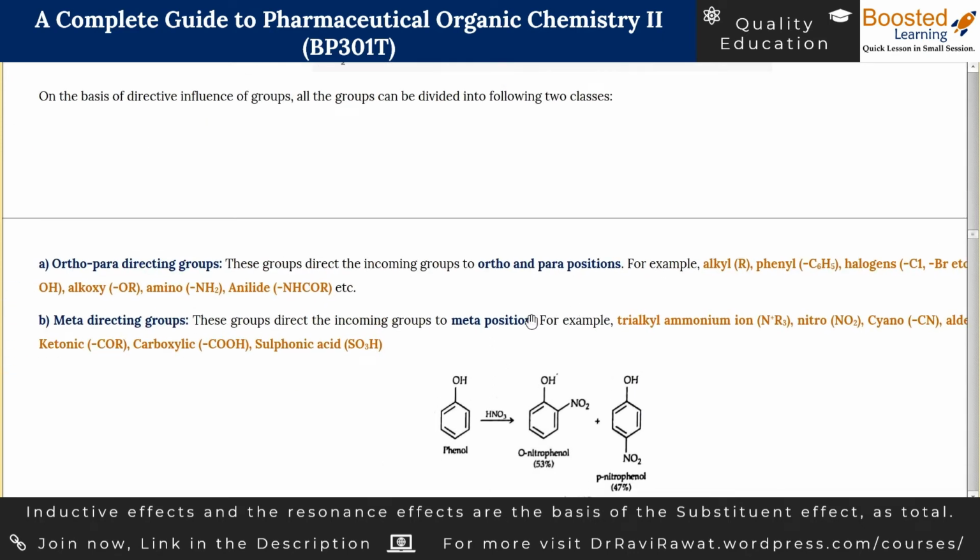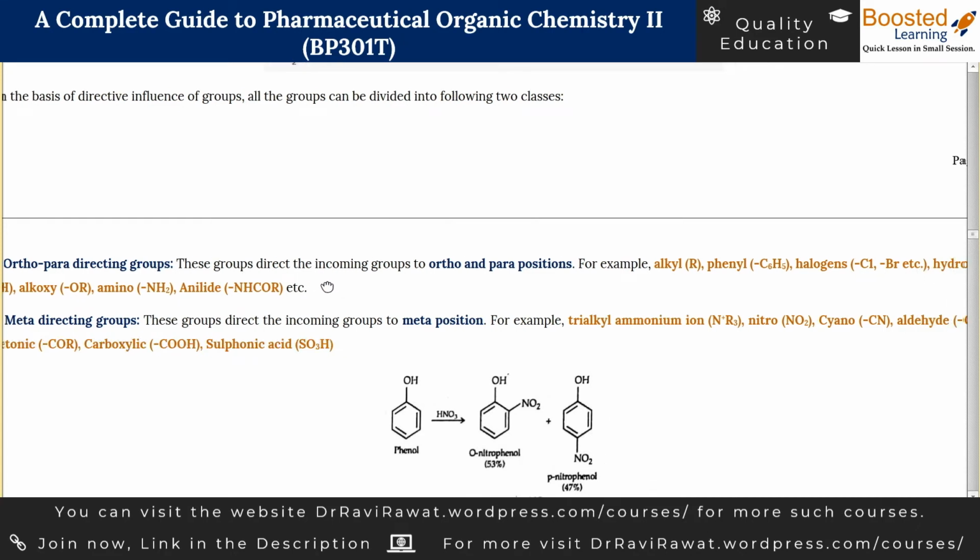Maybe I have told you in the past that the activating groups are always ortho and para directing. This is the trend that is followed, that the groups which increase the electron density of the benzene ring, that means those groups which are activating to the benzene ring, usually direct the product to the ortho and the para site. So these groups are called ortho-para directing groups.